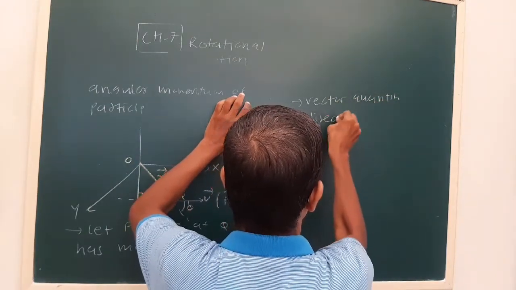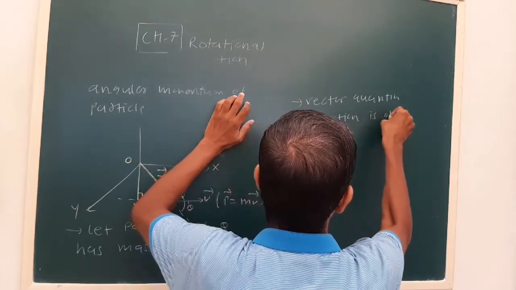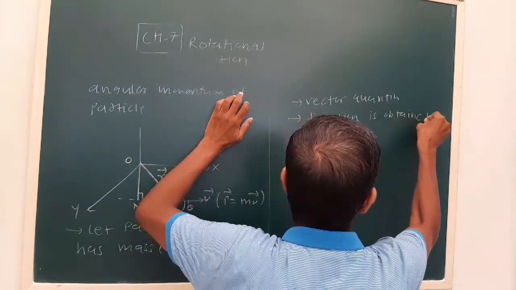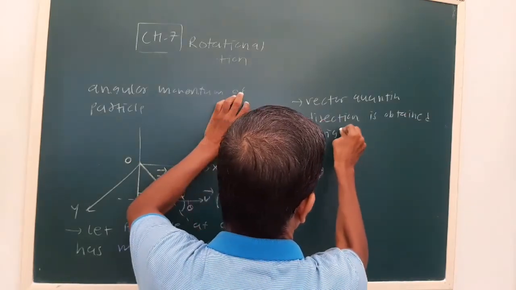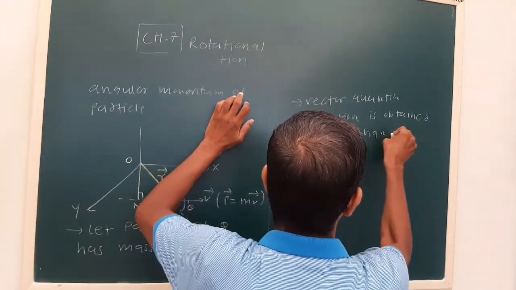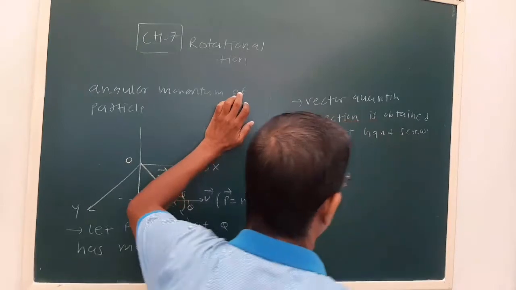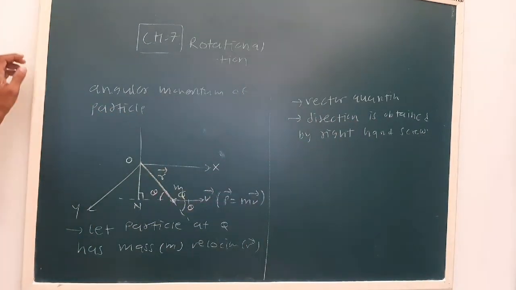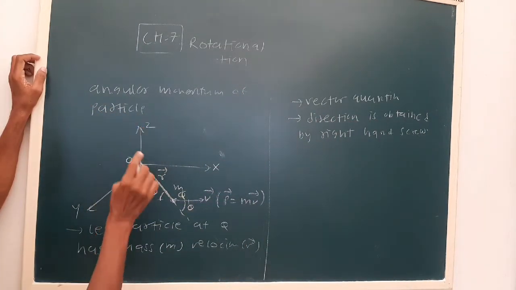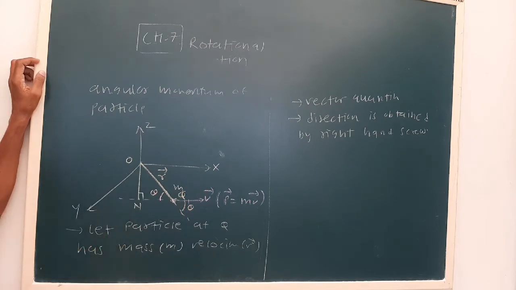Its direction is obtained by the right hand screw rule. Here we can see R and P are in the XY plane.